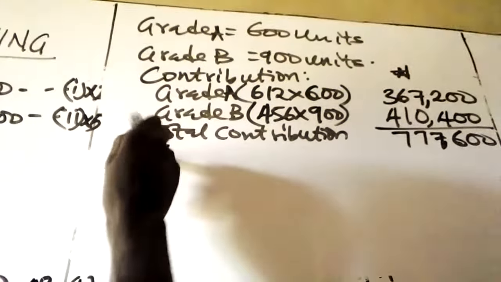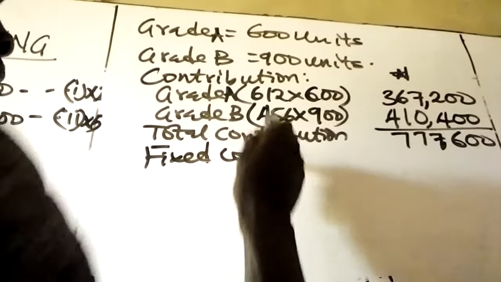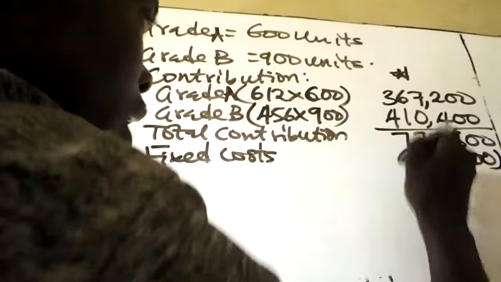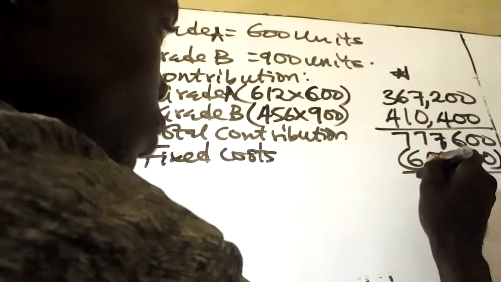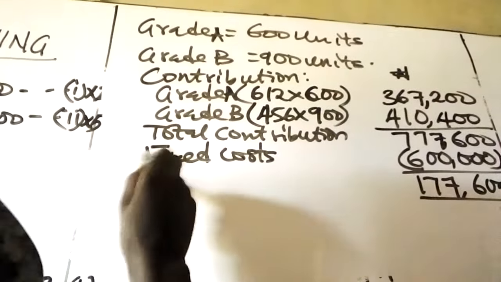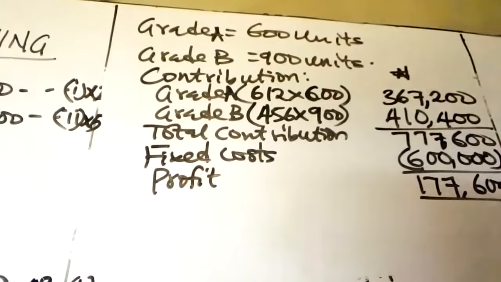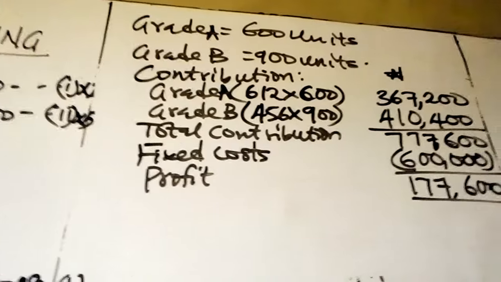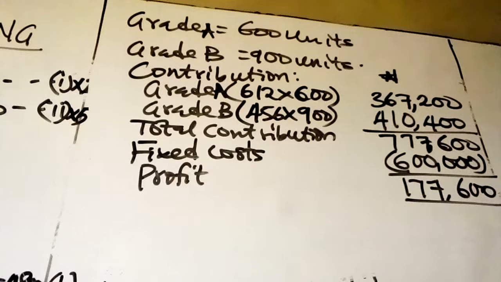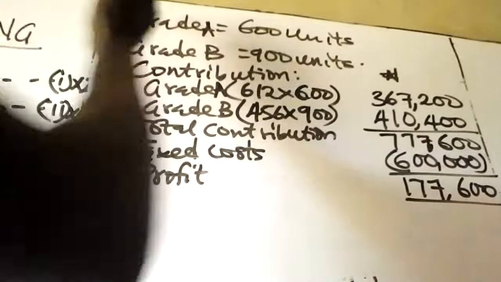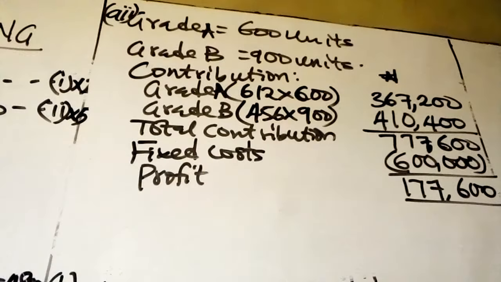So when you subtract 600,000, you'll be left with 177,600. That is the profit. Then that is all about requirement A2.